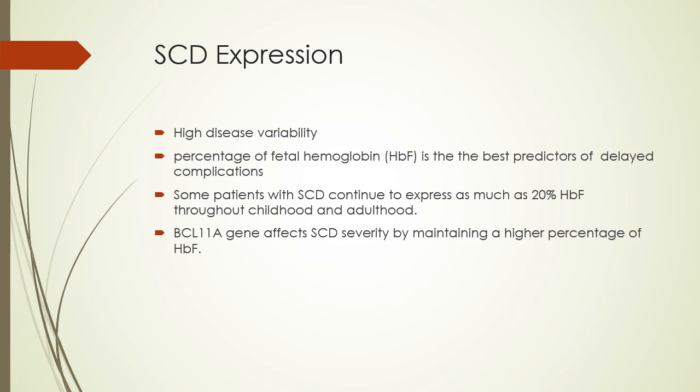However, in patients with sickle cell disease, it's possible to have as much as 20% of fetal hemoglobin through their adult life. So the more fetal hemoglobin they have, the milder the sickle cell disease will be.